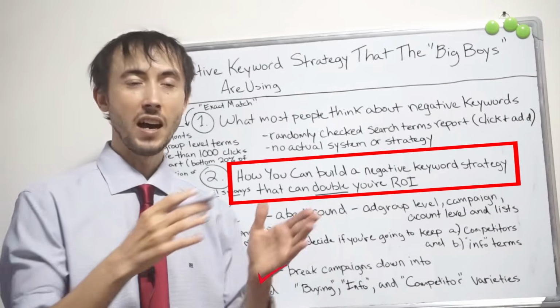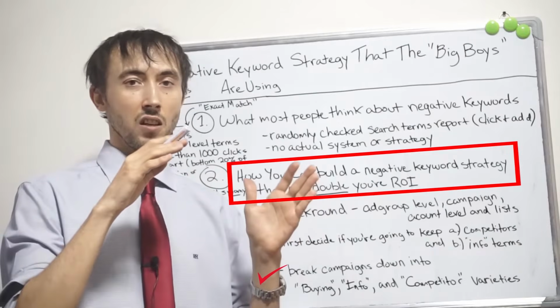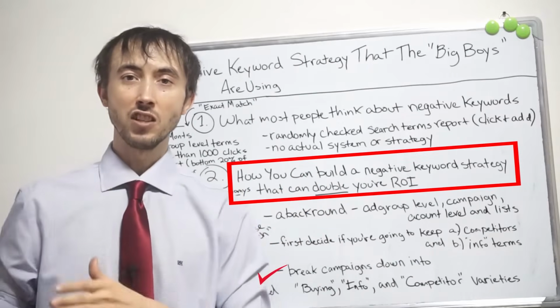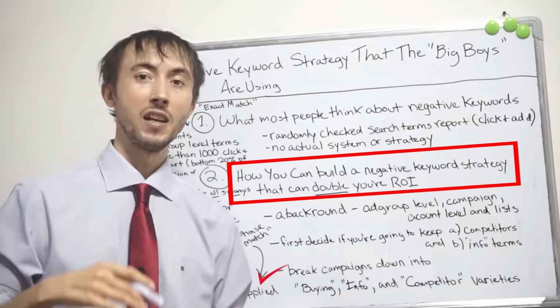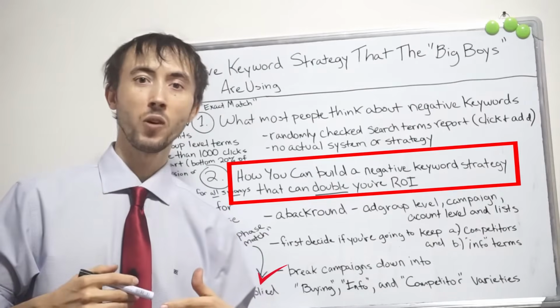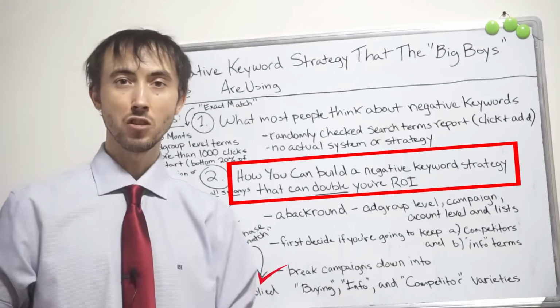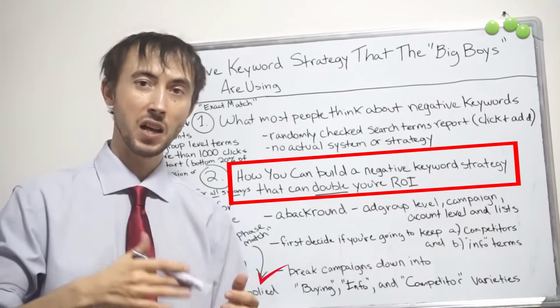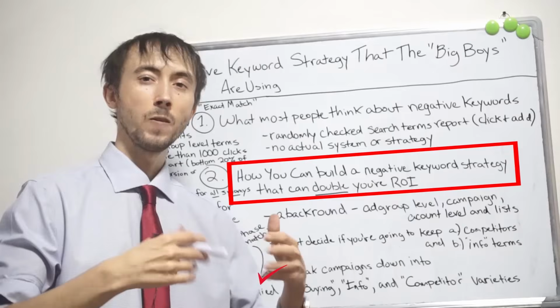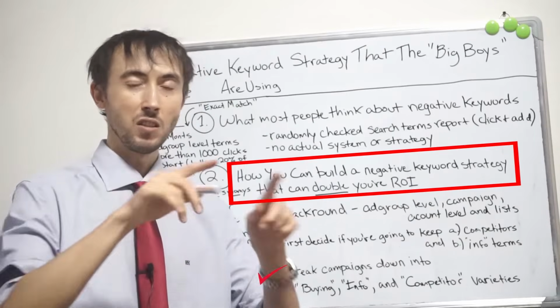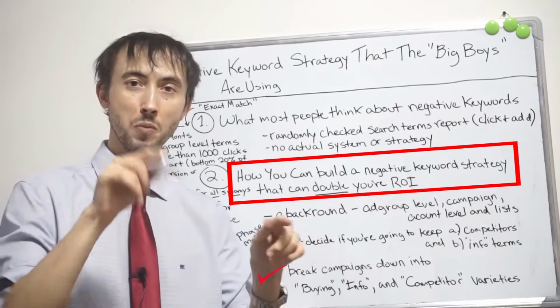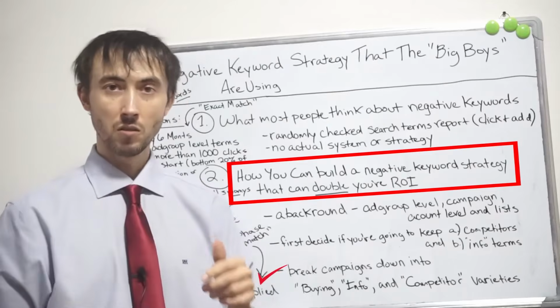Just because you add cheap as a broad match, it doesn't block everything with cheap in it from now on. It kind of does, but don't get disappointed at your PPC person if you assign someone else to do this and other searches for cheap show up, because it kind of blocks it. What's more effective to block everything with cheap in it is to find every search term with the word cheap and then add each one of those separately.